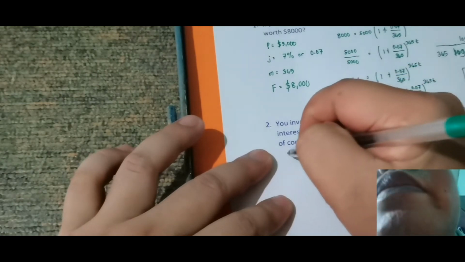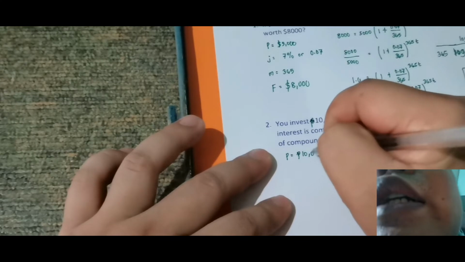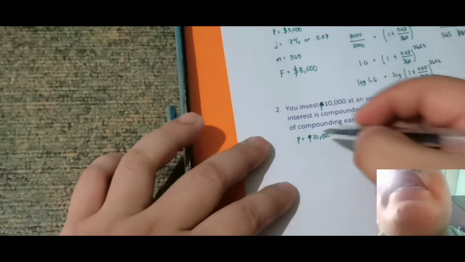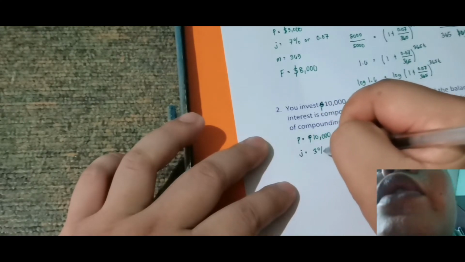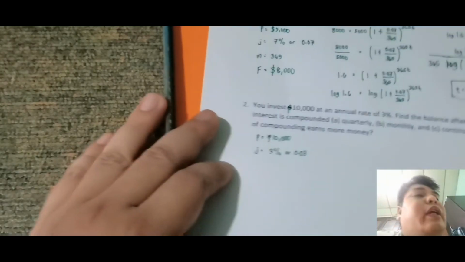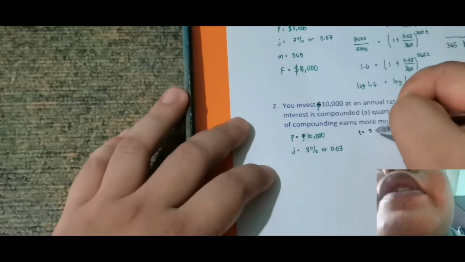Okay, so for the given, we have the principal amount of 10,000 pesos. And we have the annual rate or the rate which is 3% or simply 0.03. And we have the time T which is equals 5 years.